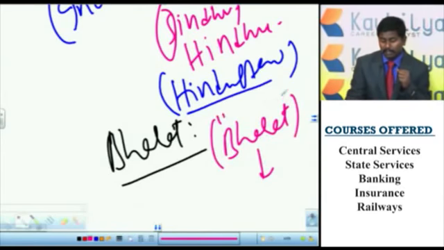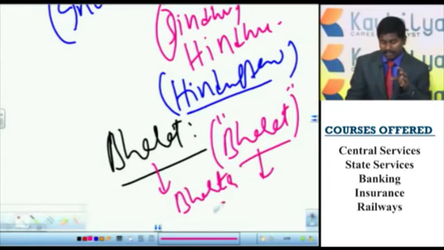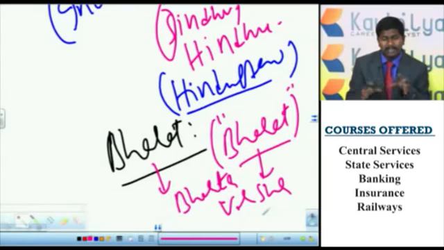So because of the ruling of this land by this person Bharat, it is given the name Bharata Khanda or Bharata Varsha. So it is some epic story based on which we are also calling it as Bharat. So anyhow, today India is also called as Bharat.